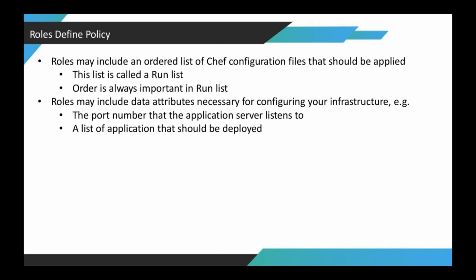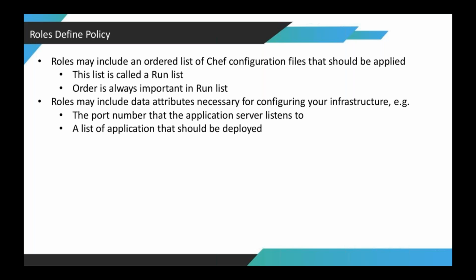Roles can include data attributes. So what are attributes? In Chef we have Ohai. Ohai is basically a language which, when executed on the node, captures all the attributes of the node. Now, what are the attributes of the node?